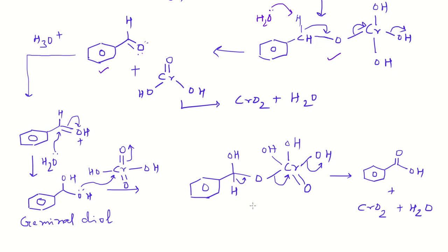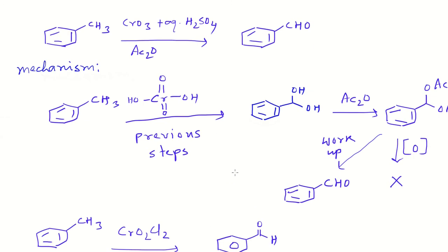Then another elimination reaction will take place, and we will get the final product, which is our aromatic carboxylic acid. Other oxidants like potassium permanganate will go through the same mechanism. That's why I have shown only one mechanism, based on chromium oxidants.